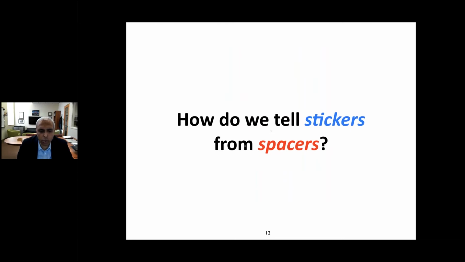So the first order of business then would be, given a sequence, how would we tell stickers apart from spacers, and what would be the criteria by which we would make such judgments?